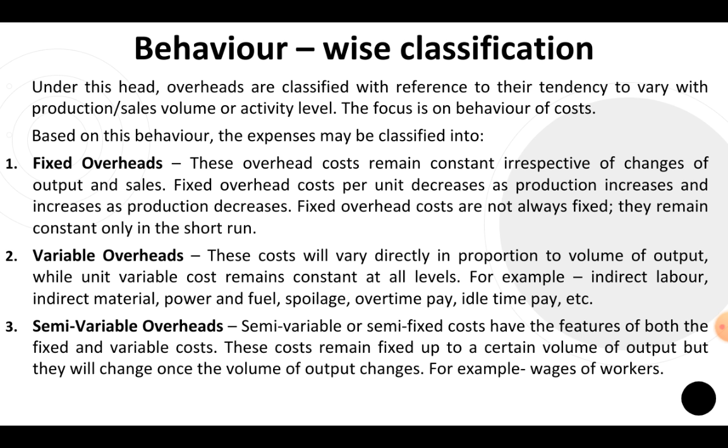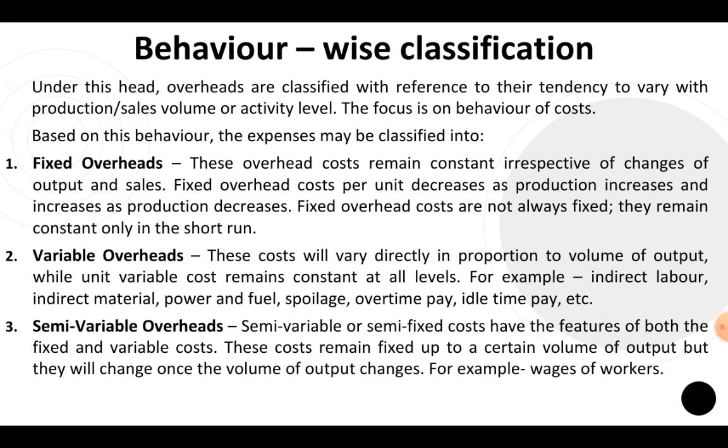And then you have your semi-variable overheads. Semi-variable overheads are also termed semi-fixed costs. They are the costs which are partly fixed and partly variable, and they have both the features of fixed and variable costs. These costs remain fixed up to a certain volume of output, but they will change once the volume of output changes. Let's say there is a fixed amount of 10 units.